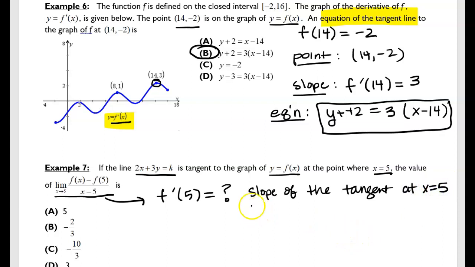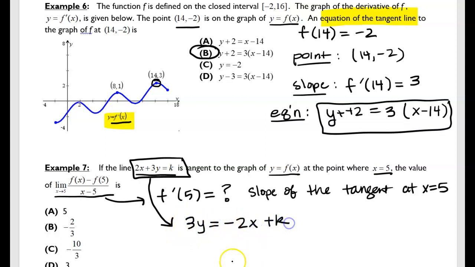Well, we don't have the slope of the tangent line, but we have the equation of the tangent line. And so in order to find the slope, I need to put this equation in slope-intercept form. So in other words, I need to solve for y. So I would have 3y equals negative 2x plus k, and then divide by 3, and I get y equals negative 2/3 x plus k over 3.